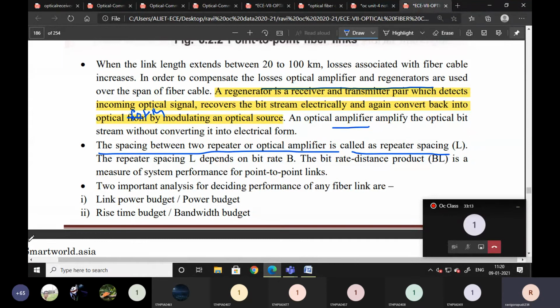System performance can be measured using the product of bit rate and repeater spacing. So the bit rate distance product is a measure of system performance for a point-to-point link.